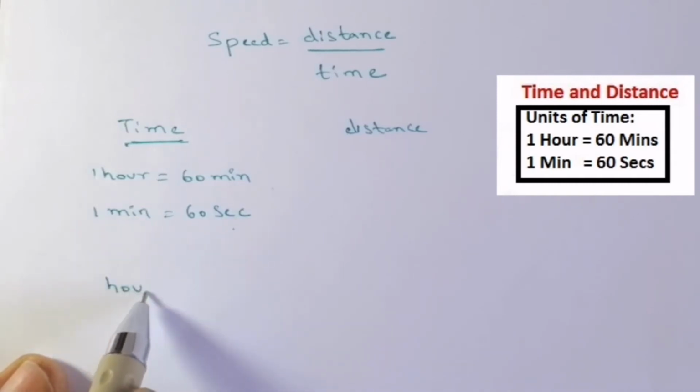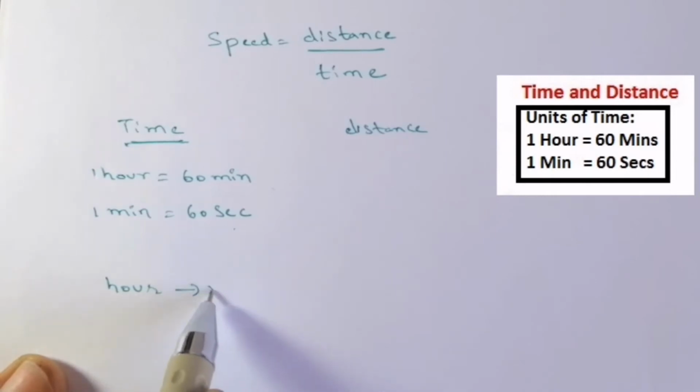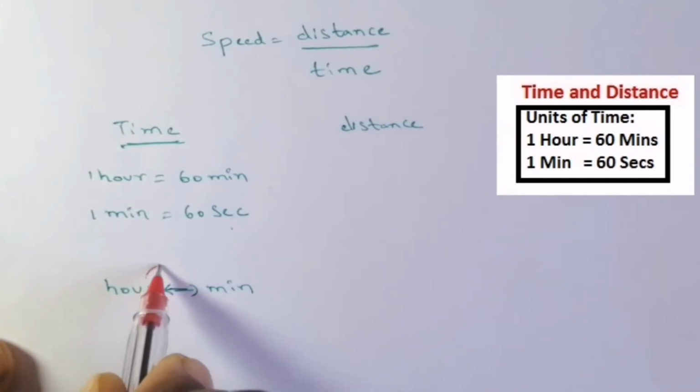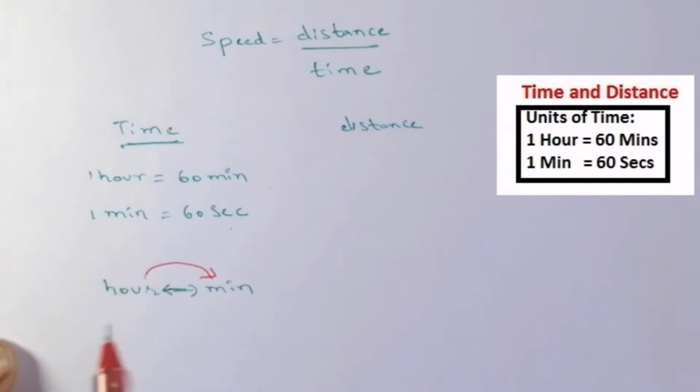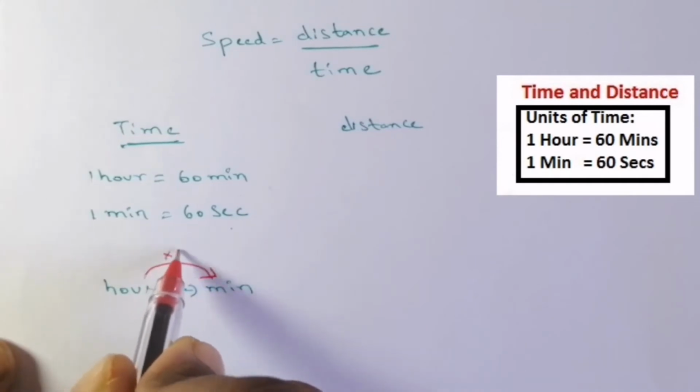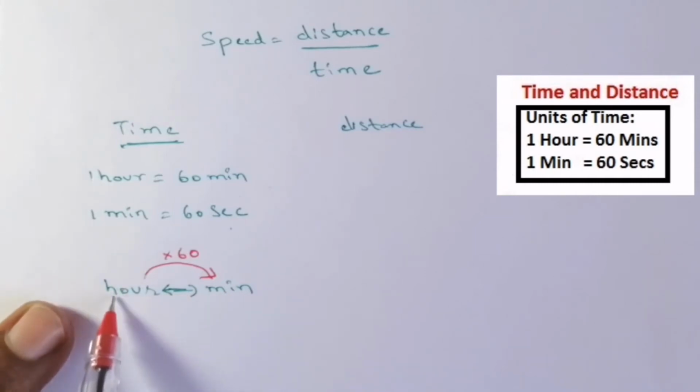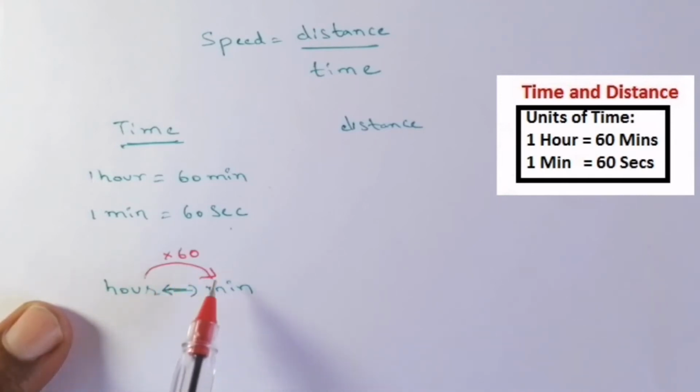How are we going to convert hours to minutes? If we want to convert hours to minutes, we have to multiply by 60, that is, 1 hour equals 60 minutes. Whatever value we have been given, we have to multiply it by 60.